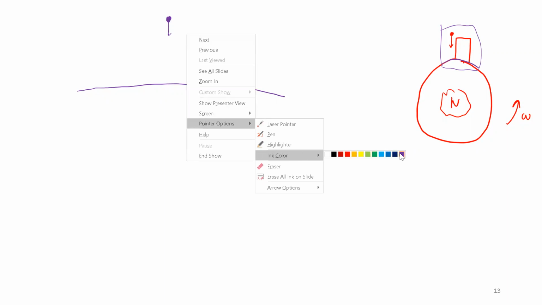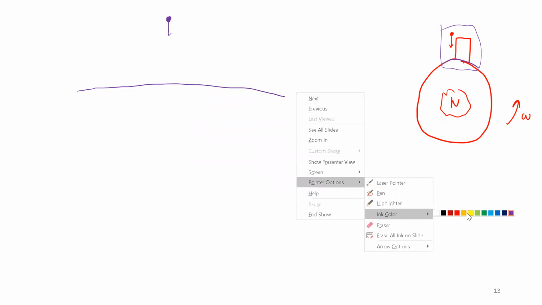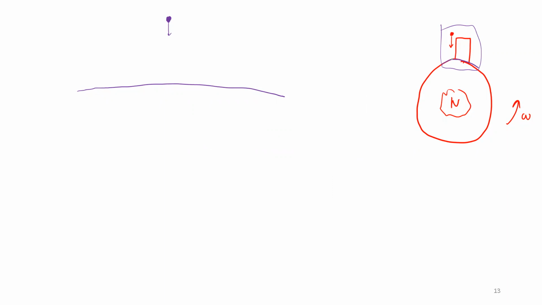If I look at the radius of the Earth, this point on the ground has a velocity equal to r times omega.